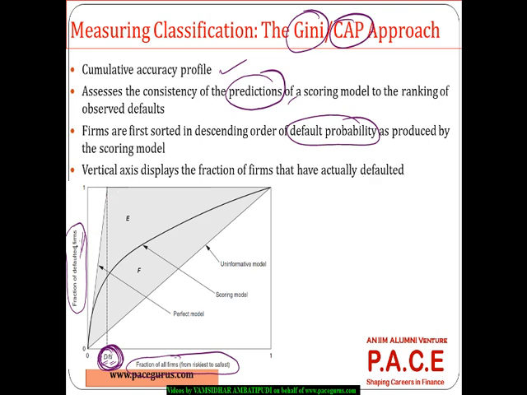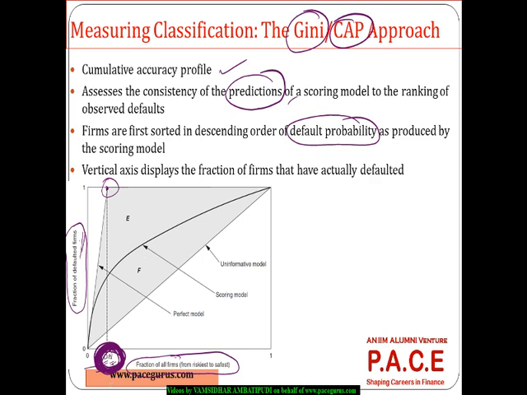If I'm getting this, it's a perfect model for me, because when I'm talking of d by n in the actual number, for these firms the probability of default is going to be on the higher side. So at d by n, if in reality I see that d by n firms have actually defaulted, right, the whole 100% of the firms have defaulted by the time your model has reached d by n, then it means that the accuracy of the model is perfect.